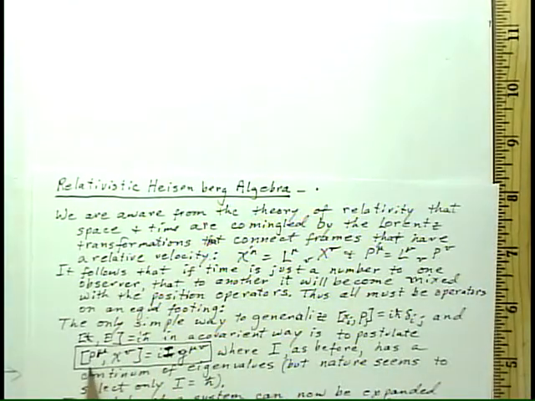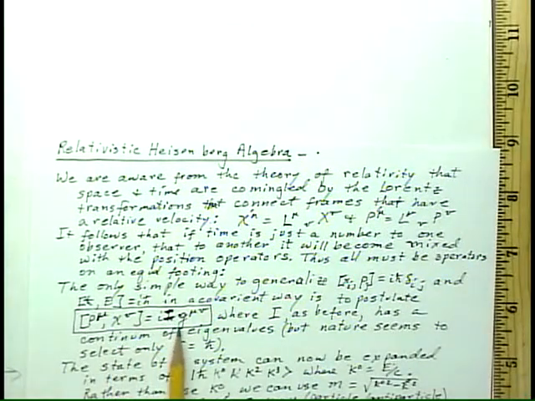That means that we will postulate that [p^mu, x^nu] = i h bar times g^mu nu, where I, as before, has a continuum of eigenvalues, but in nature, it appears, selects only the eigenvalue where capital I is equal to h bar.